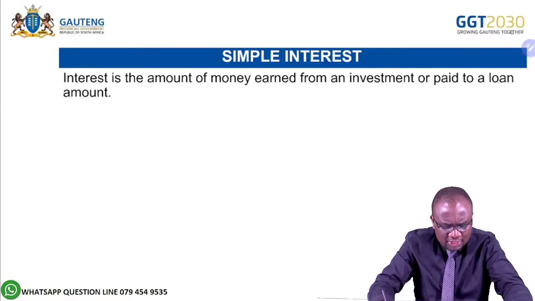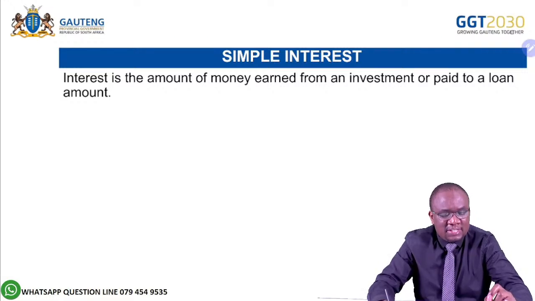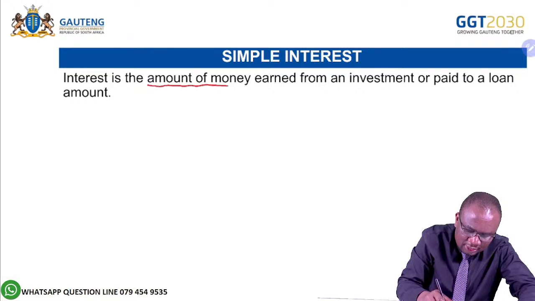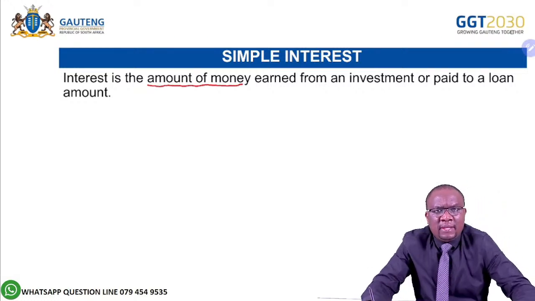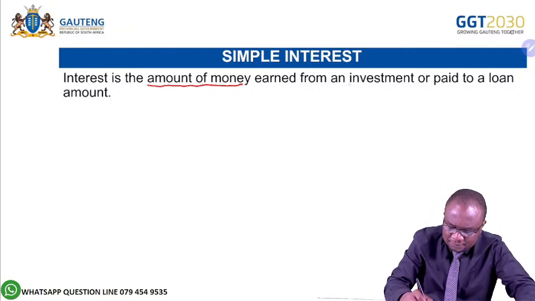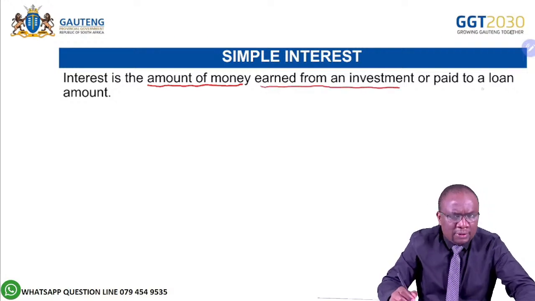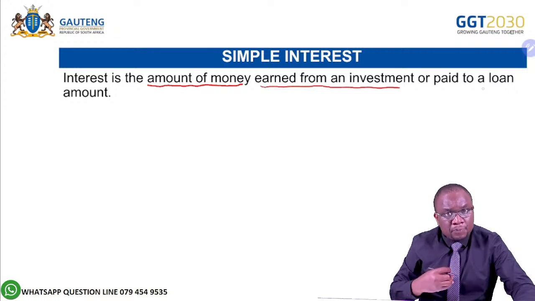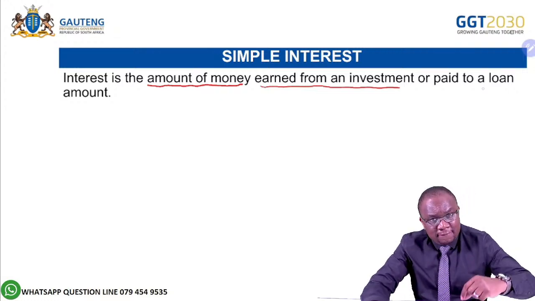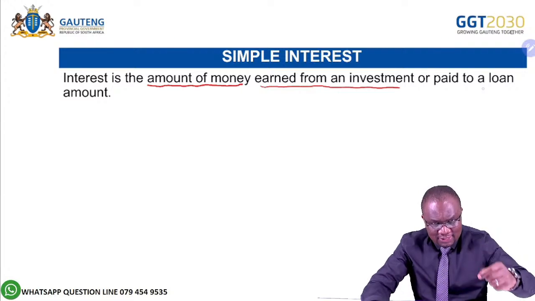But before we do that, let's talk about interest and interest rate. Interest is the amount of money earned from an investment or paid on a loan. If you take a loan, you pay interest. If you make an investment, you earn interest.